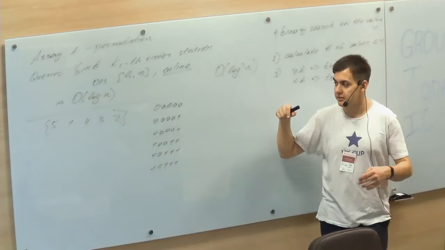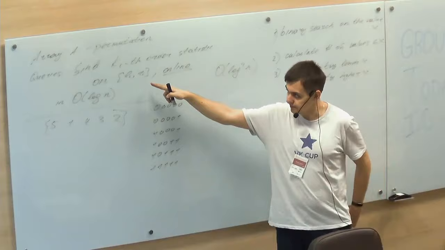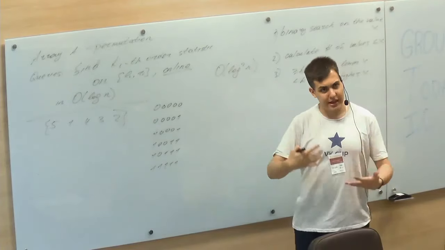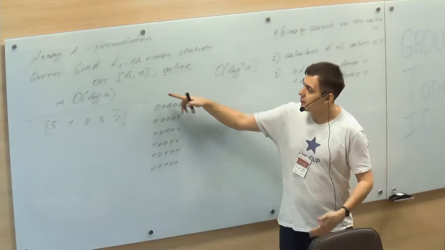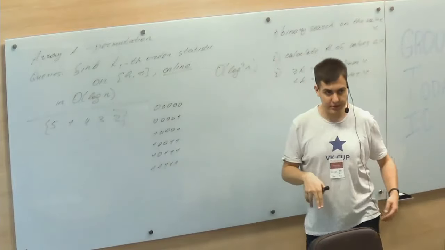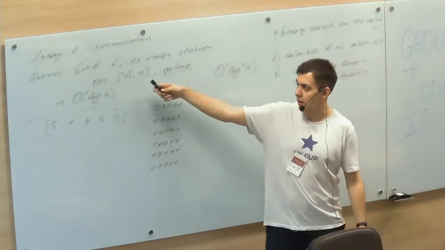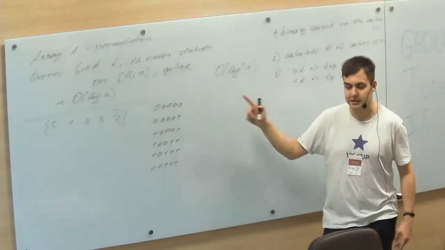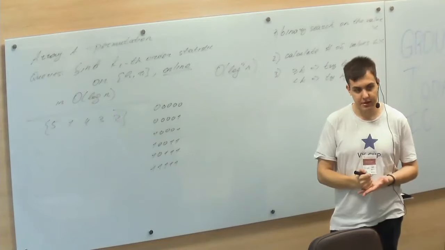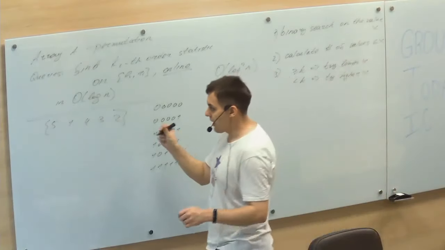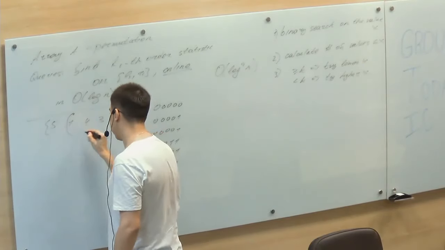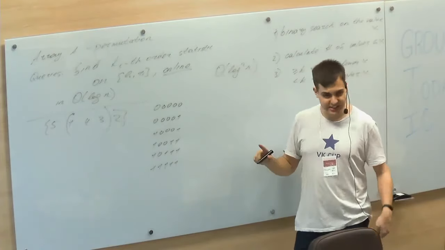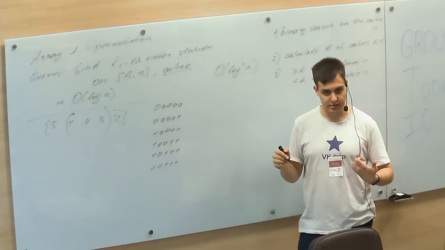Well, what is the segment tree that corresponds to the subsegment? I would like to efficiently, for my query from Li to Ri, get the segment tree for that subsegment. Well, turns out that if we have this subsegment, for example, from 1 to 3, it's the difference of two versions.